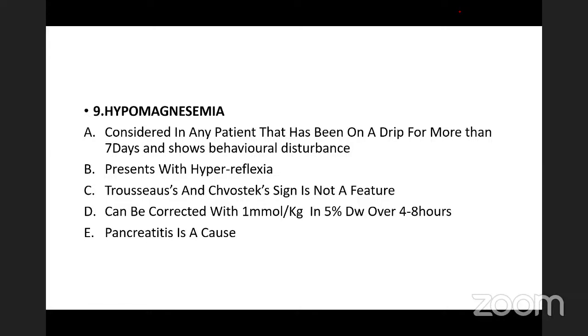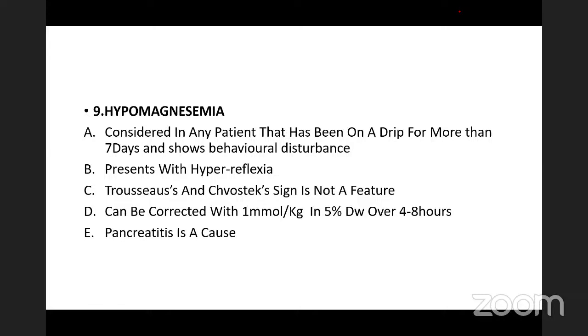Okay, and it's usually common in patients that have been nil per oral for a very long time, especially patients on TPN or patients on IV fluid. Okay, and they show features that are similar to those of hypocalcemia, like hyperreflexia.